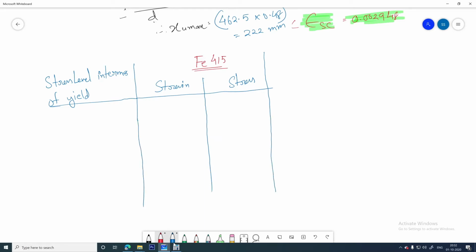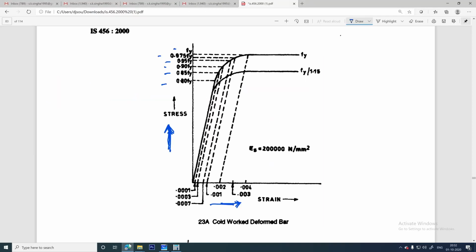Okay, so stress level in terms of yield, that means here I will write all the stress levels, and the value of the stress level is also given in the code. This one, like first, 0.80 Fy. Okay, if I maximize this portion, it is written 0.80 Fy at the first level.